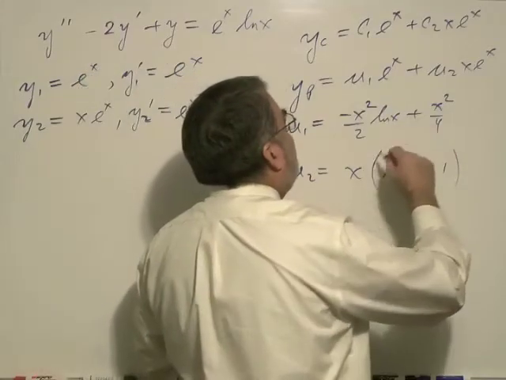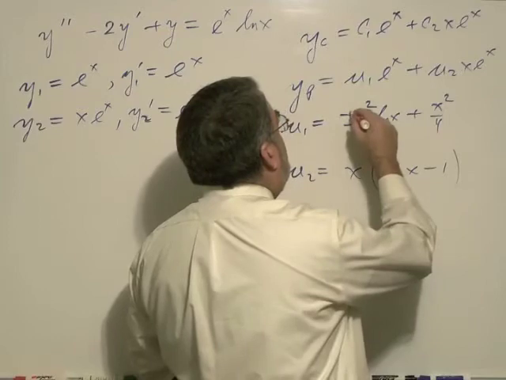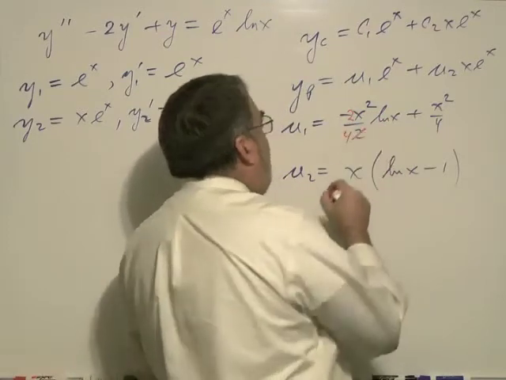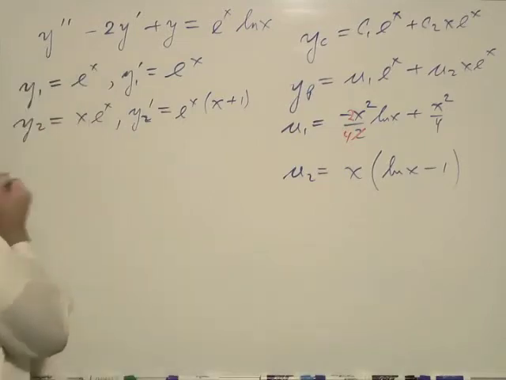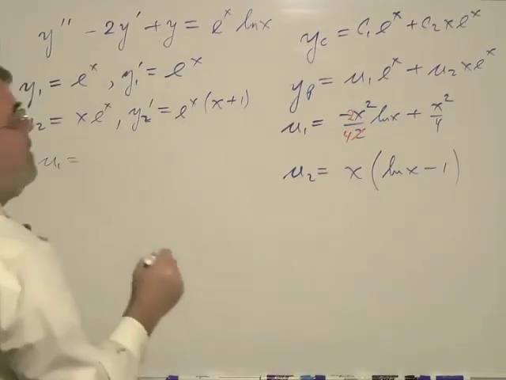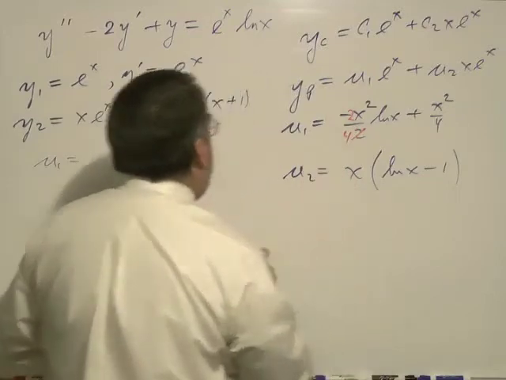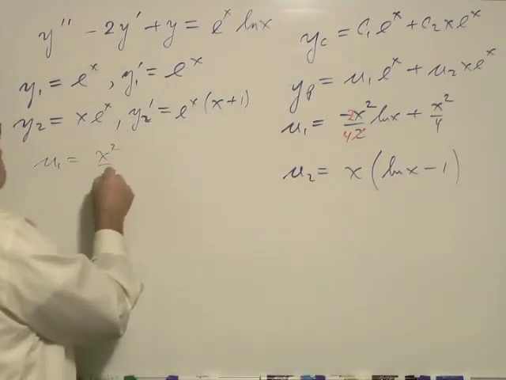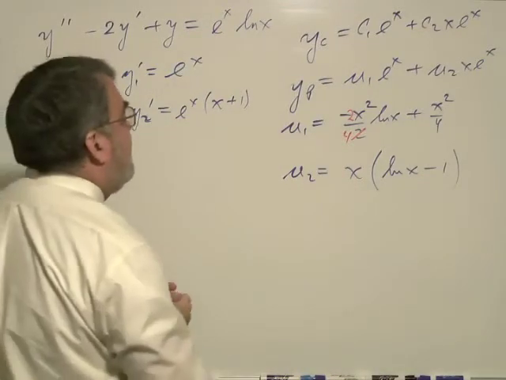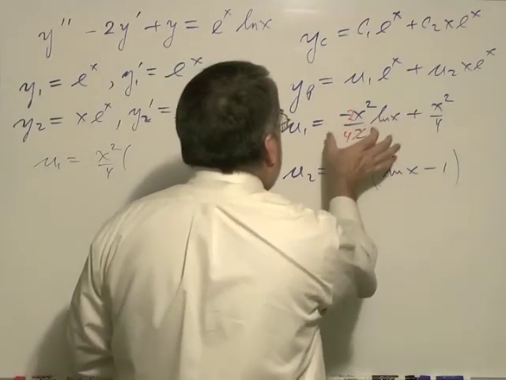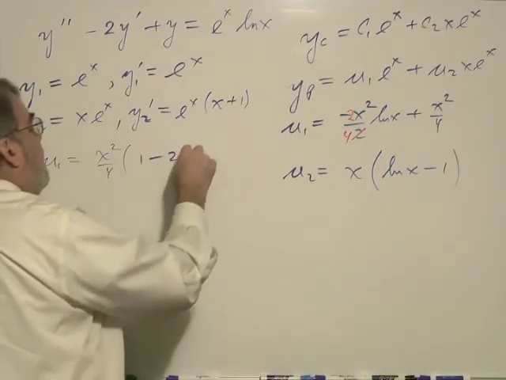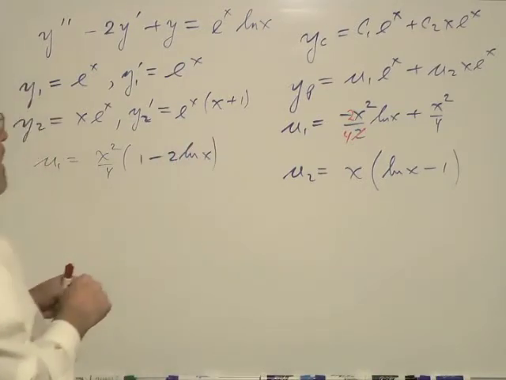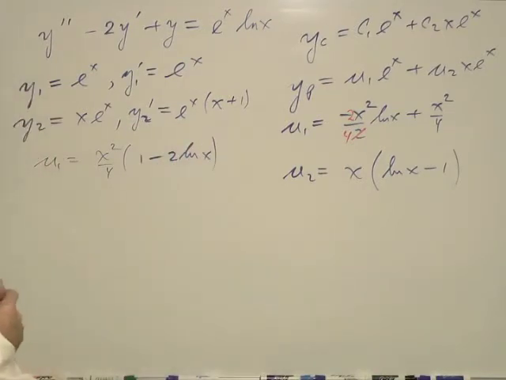If I make this 2 over 4, then we could factor out, for u1, x squared over 4, and that will leave us 1 minus 2 natural log of x. 1 minus 2 natural log of x. Okay, so I hope that's right. I think it is. Yeah, appears to be.